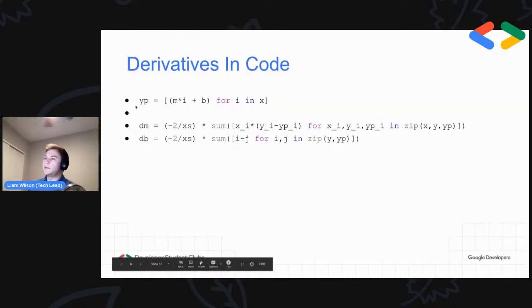So here we've stored the yp, the y prediction, in this here, and this is just all of our y predictions for the entire set of data. And again, we have our sum here. We have our x value for a given point, our y value, and our y prediction value for all of the x values, y values, and y prediction values in there.